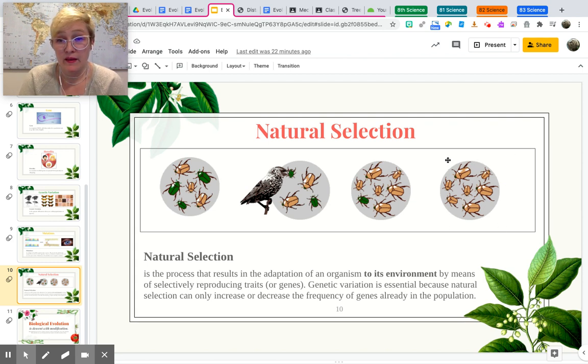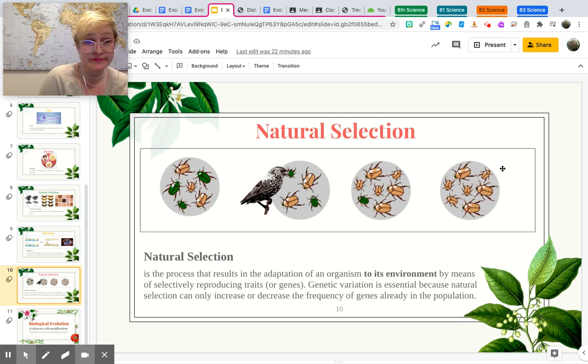It's likely that these beetles are going to go extinct because there's no more variation here. They have nowhere to go. They have nothing in their toolkit to pull out. So the more variation you have in a species, the more likely it is to survive changes within the environment, which is why some things survive and other things go extinct.